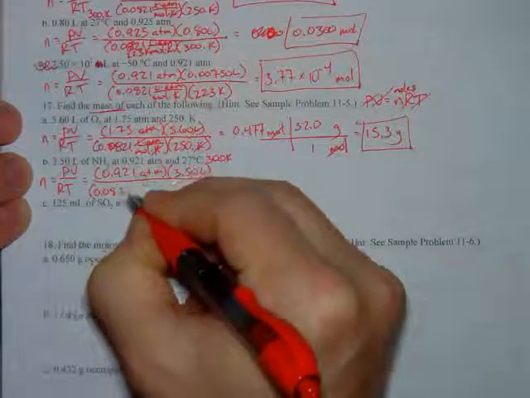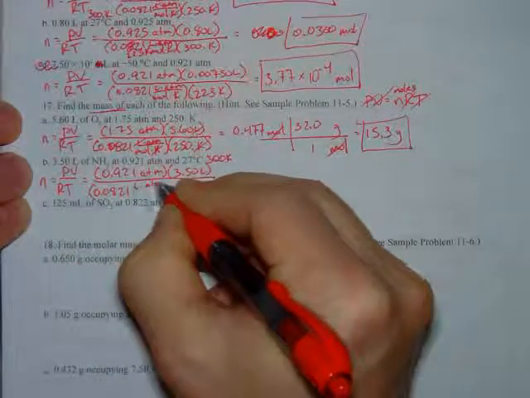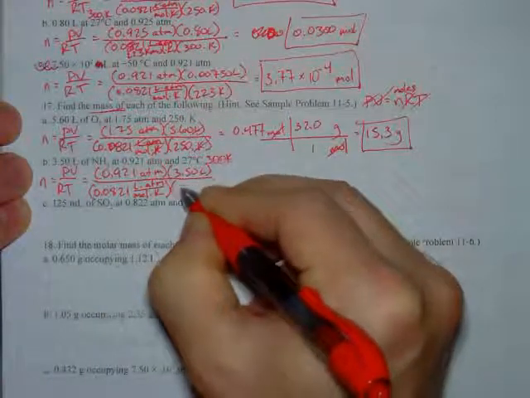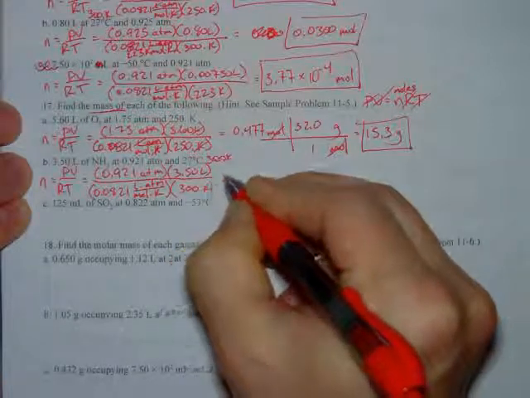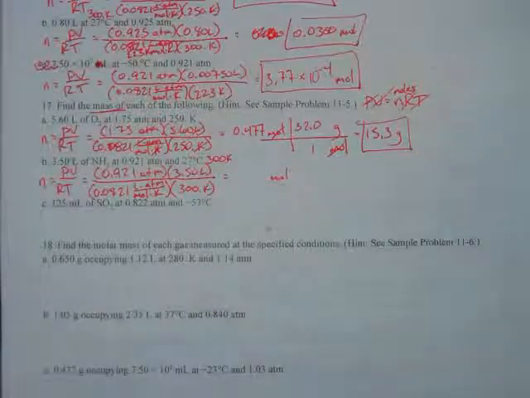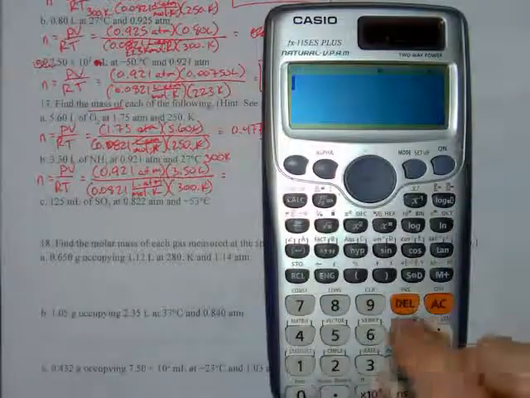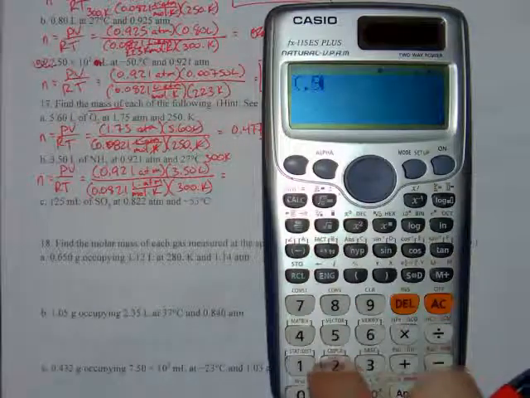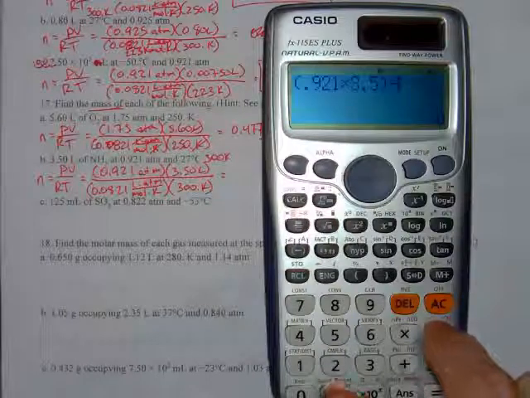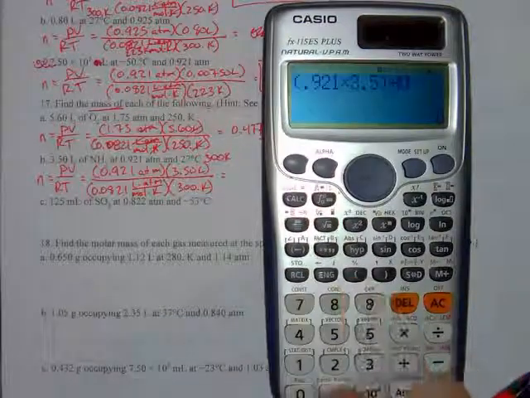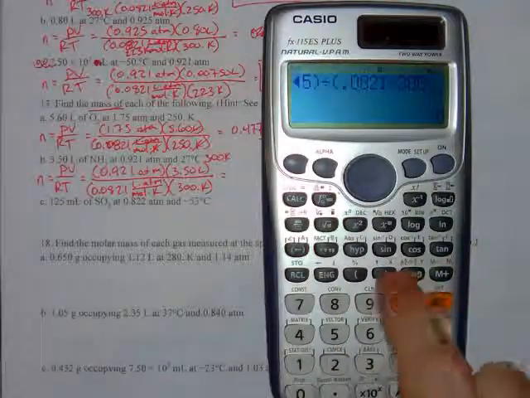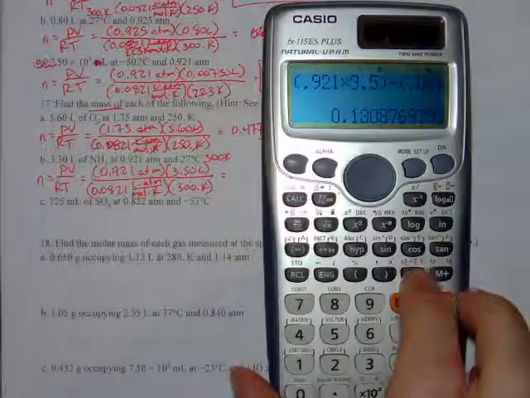The ideal gas constant is the same, as it is constant. Temperature, I want that in kelvins. And so I'll be solving for the number of moles here. My numerator is 0.921 times 3.5, all over a denominator of 0.0821 multiplied by 300. And so that's my number of moles.